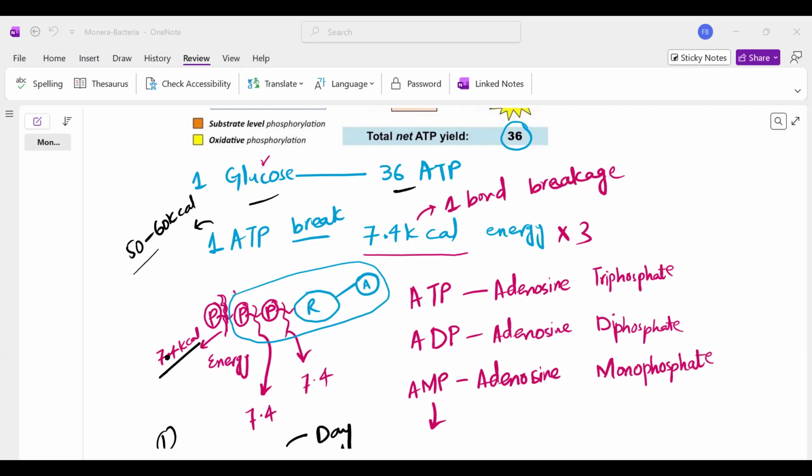What will you do? Your reflexes. You will try to move, you will try to escape that situation. So your body will act to move from there.